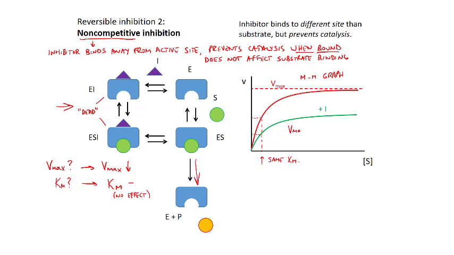So our Vmax decreases. Km has no change. So in that respect, it's just like an irreversible inhibitor. Irreversible inhibitors do the exact same thing to the Michaelis-Menten graph.